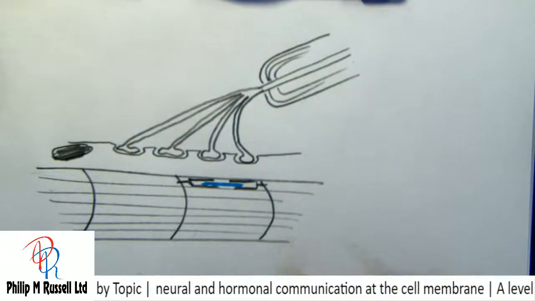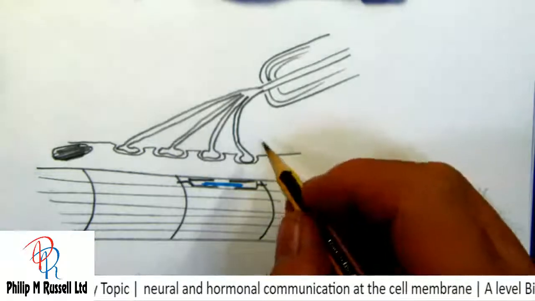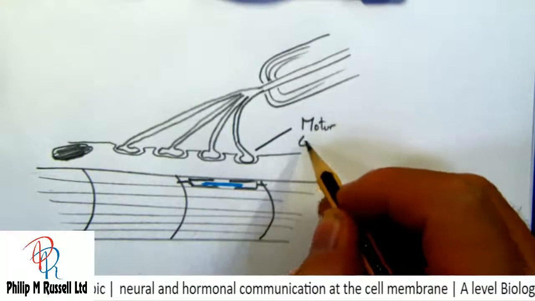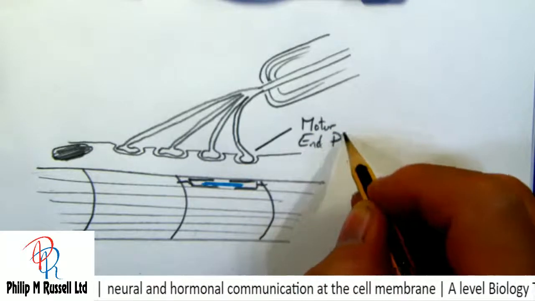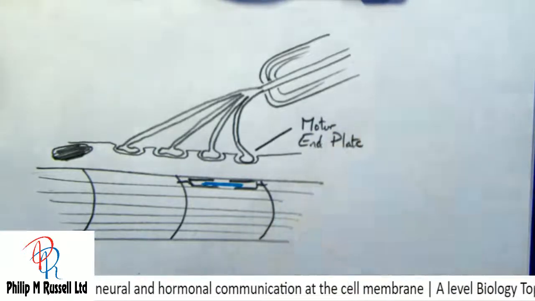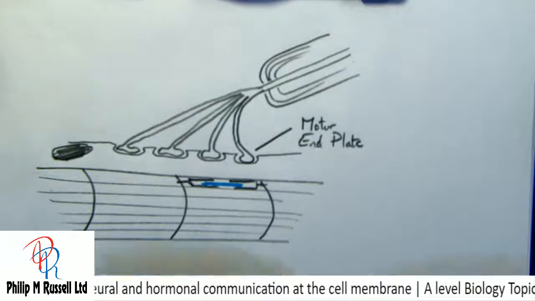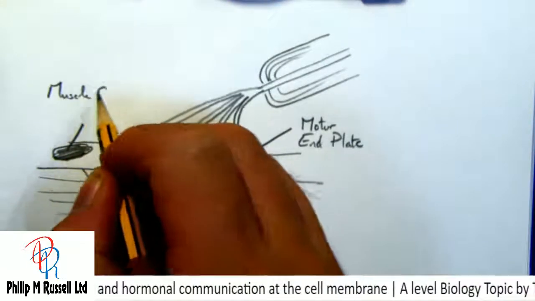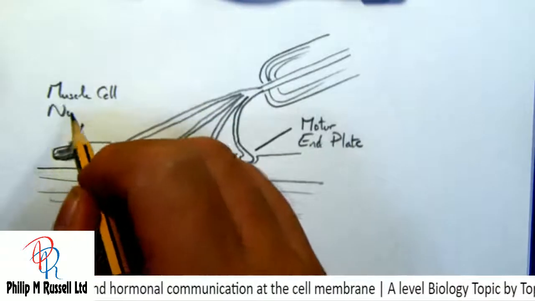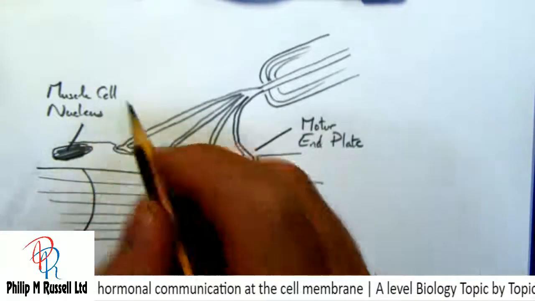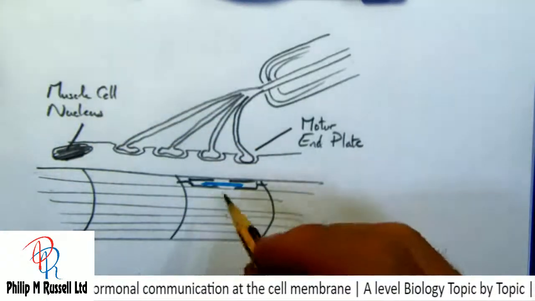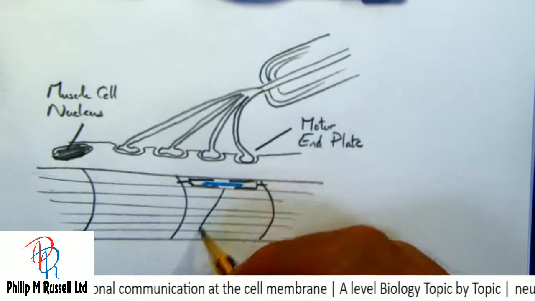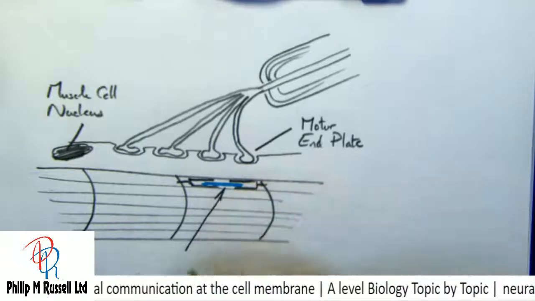And so we've got here what I would like to describe as a motor end plate. This is the muscle nucleus. Here we've got our actual muscle fibre, the actual muscle unit.